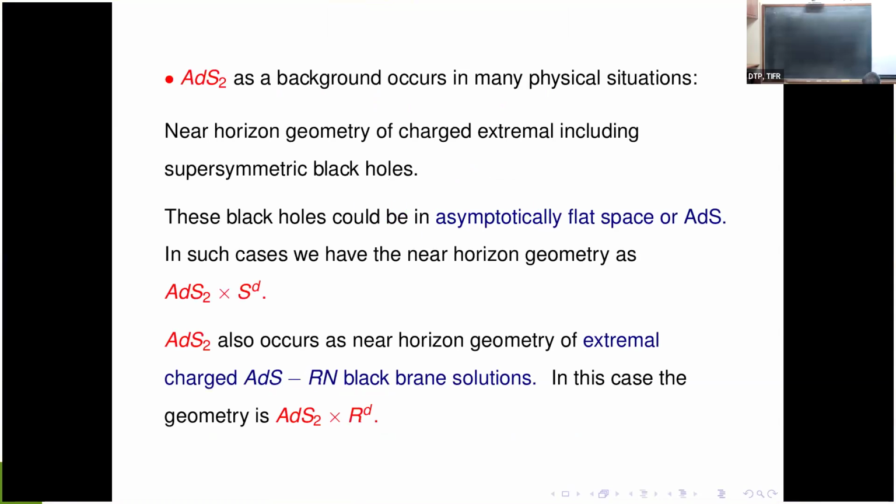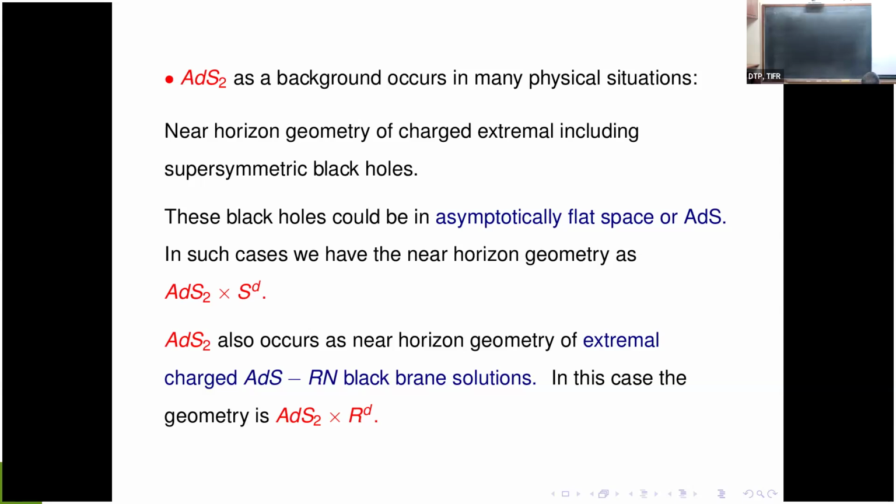So let me just start with the introduction. As we all know here, AdS2 as a background occurs in many physical situations: near horizon geometries of extremal black holes, including supersymmetric ones. These black holes can be asymptotically flat, for instance, or in AdS.